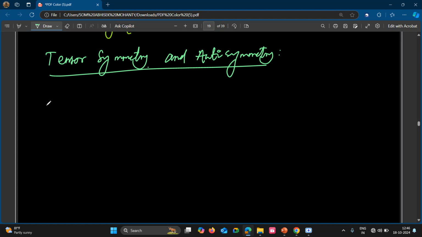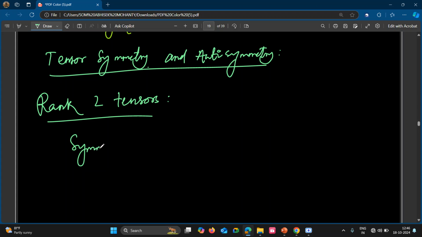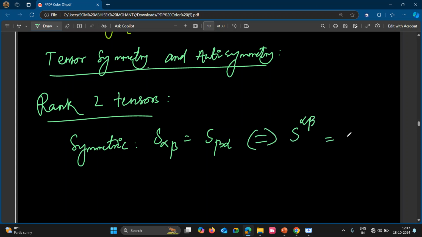So let's see rank two tensors. Symmetric is your what? A alpha beta is equal to A beta alpha, right? So this is symmetric.